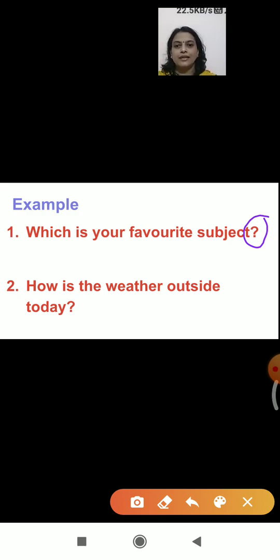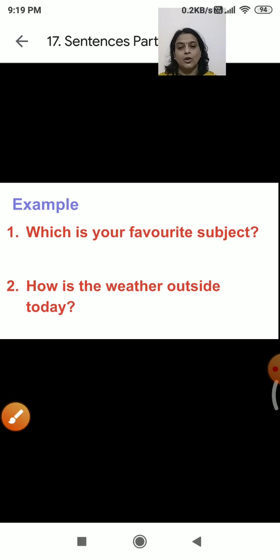Here also in the end you can see the sentence is ending with a question mark. So such type of sentences where questions are asked and when the sentence ends with a question mark, such type of sentences are called as interrogative sentences. Clear till here? Okay, now let's see more.